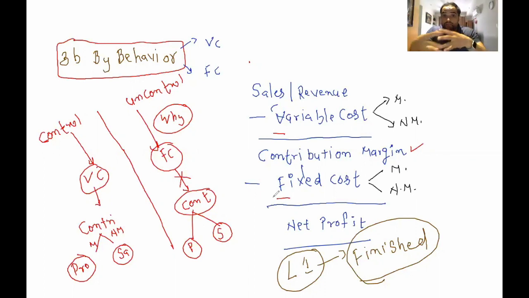Of course, for different decision making, they need the information, right? And after users, we talked about financial reports that help provide information to the internal users. So we studied reports by function, manufacturing and non-manufacturing, and by behavior, variable and fixed. So that's all about session 3 or lecture 3.